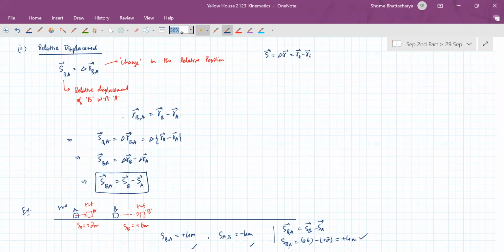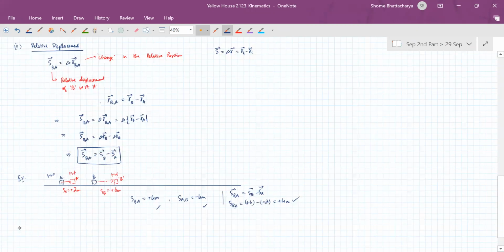Now likewise, let's say we have a situation where two objects are moving towards each other.